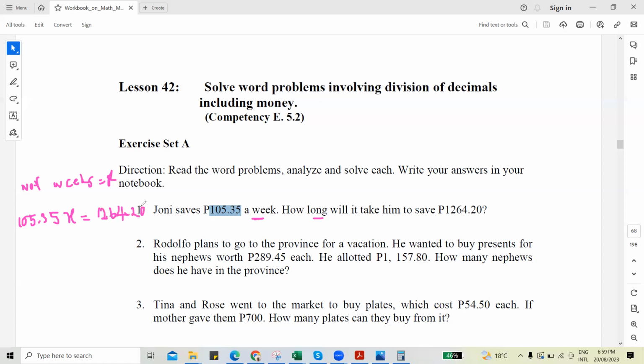So the weeks are x, the money is 105.35. You divide both sides by 105.35. Then division. This one cancels. x equals... Then you're going to find the answer.